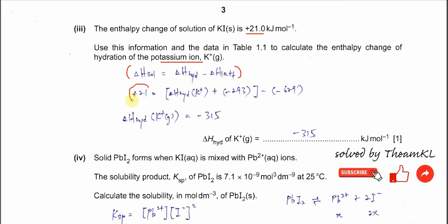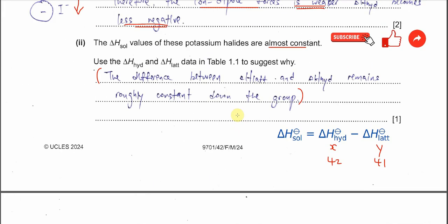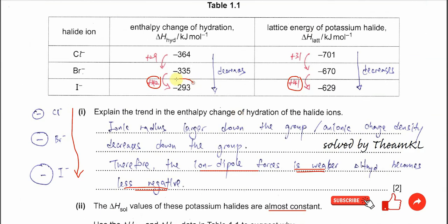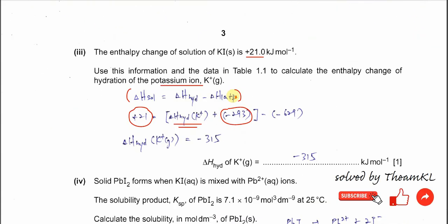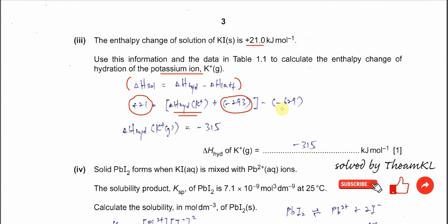Solution is already given. The hydration enthalpy for the potassium ion you need to calculate. This one we can get from the table: the hydration enthalpy for the iodide, negative 293, and substitute into this equation, minus the lattice energy.